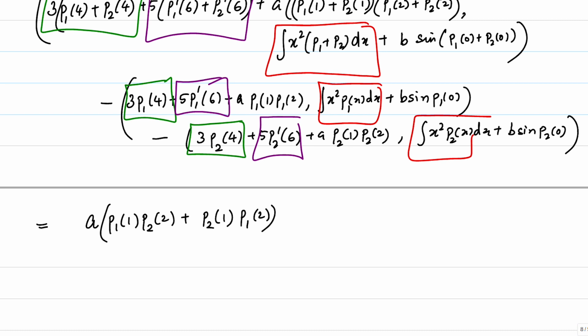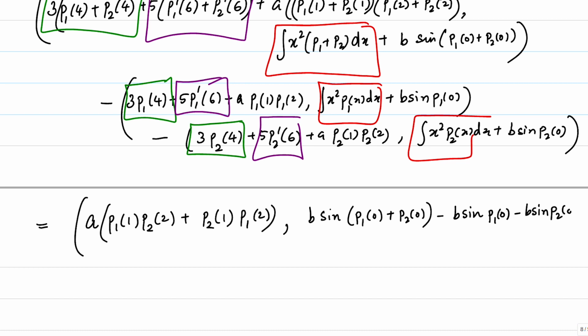That will be the only term which is left in the first coordinate. And what about the second one? B times sine of P1 of 0 plus P2 of 0 minus B times sine of P1 of 0 minus B times sine of P2 of 0. So what was our demand?